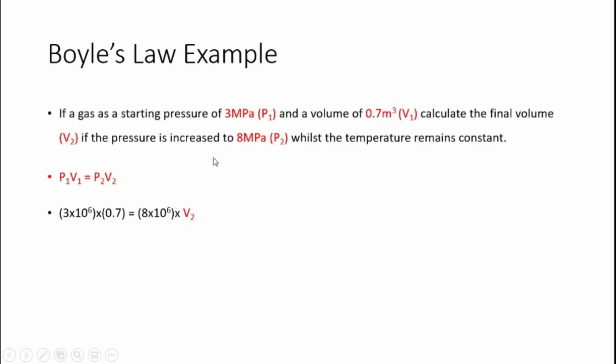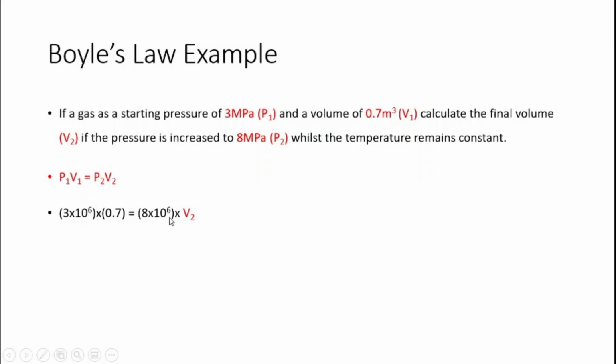P1 is 3 mega, V1 is 0.7, that's got to equal P2V2, and we know P2 is 8. What happens to the volume when we increase the pressure?